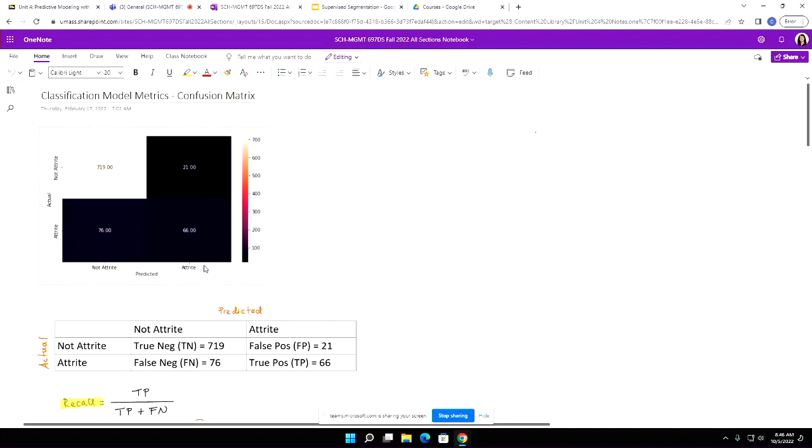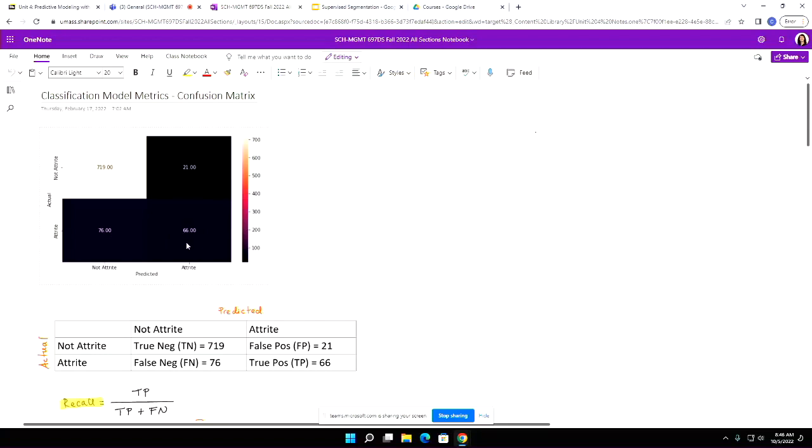Attrite means they leave, not attrite means they stay. We look for where the predicted attrition matches the actual attrition. In this example, there were 66 cases where the model predicted that an employee was going to attrite, and they actually did.